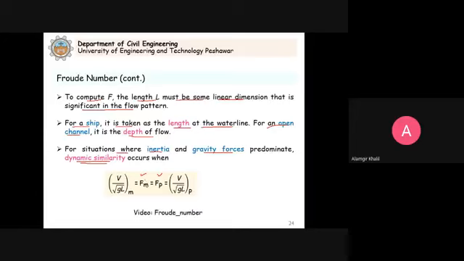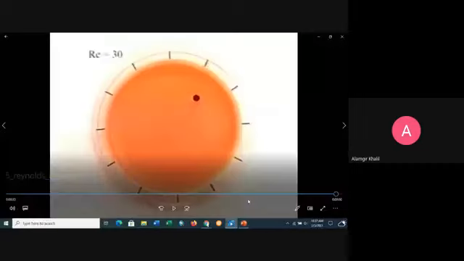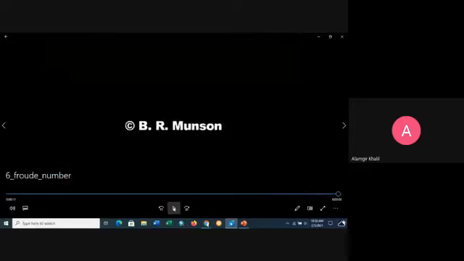Now watch another video just for understanding purposes. You see that there is a liquid in this bottle and it is rotated. What will be the effect of gravity? The effect of gravity is to flatten out the surface. If you stop the rotation of this bottle, it will try to flatten the surface.